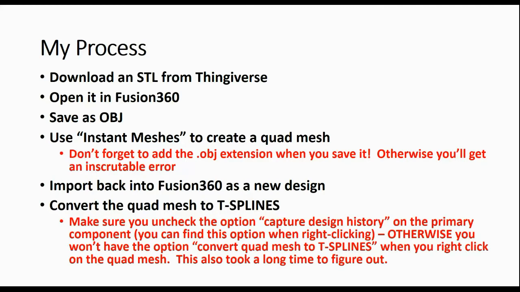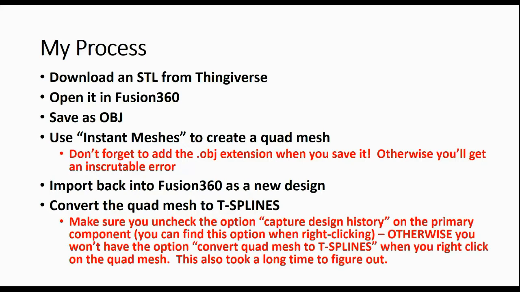Then import that OBJ back into Fusion 360 as a new design, and then convert the quad mesh that you just created with Instant Meshes into T-splines. Now, note, in a lot of the demos that you see on Fusion 360, they just right-click on the OBJ object, and there's the convert option in the menu. When I did it, that convert option wasn't there.